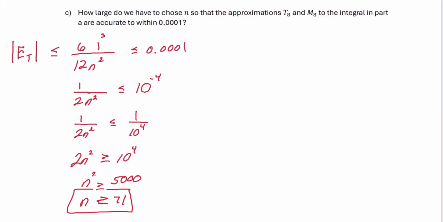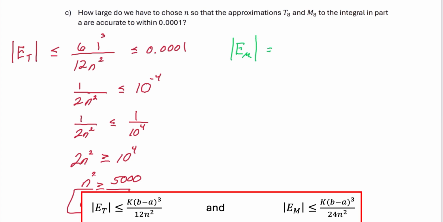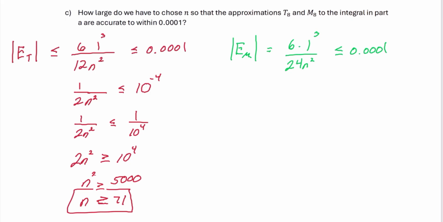Now looking at the midpoint rule, earlier we found 6 times 1 cubed divided by 24 n squared. And again, we want that to be less than or equal to 1/10,000th. This time we get 6 divided by 24, that is 1/4 n squared in the denominator, less than or equal to 10 to the negative 4.